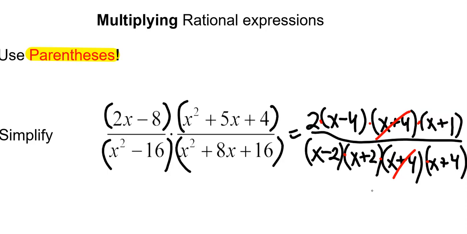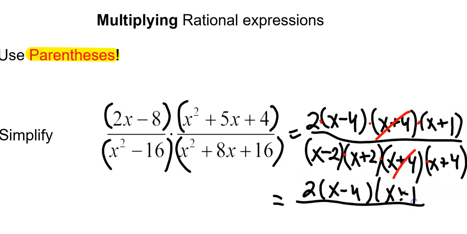Unfortunately, x minus 4 doesn't quite cancel x plus 1. So we get in the numerator 2 times x minus 4 times x plus 1, and then the denominator x minus 2 times x plus 2 times x plus 4.